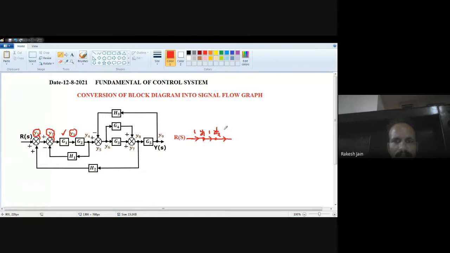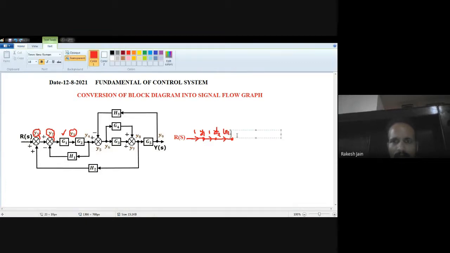So I write the block gain G1 instead of 1, and the name of the node is Y3.